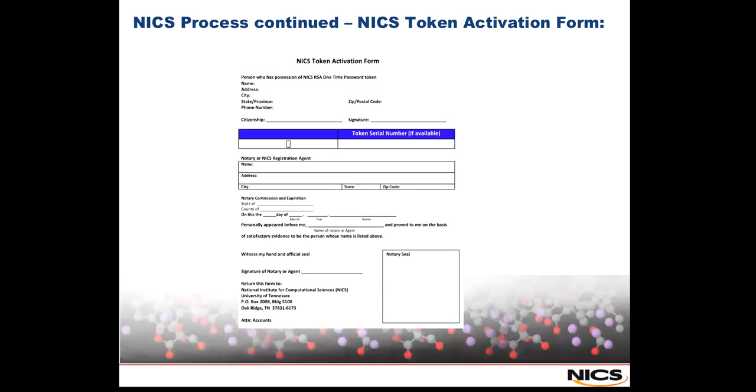A couple of things to note about that: it must be notarized. Almost every university has a notary on staff for students and staff. Or if you are a UT student, you can come to our user support, and any NICS employee can sign the form for you.